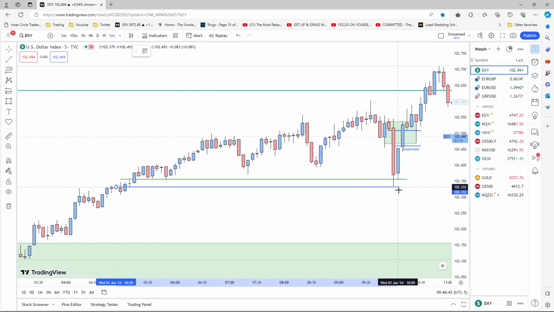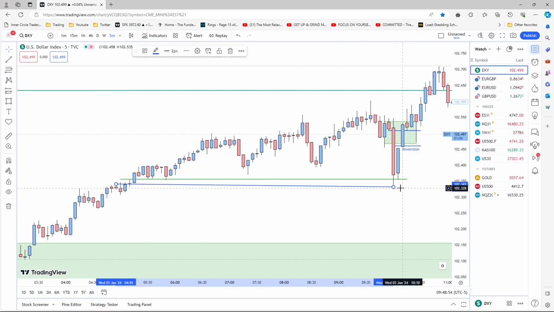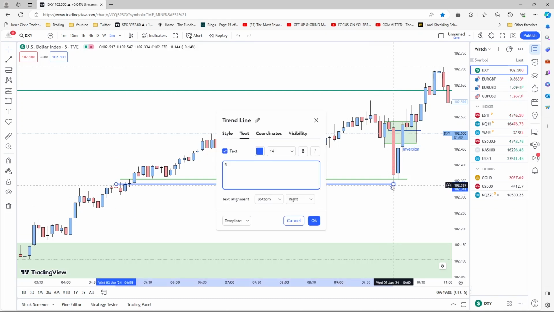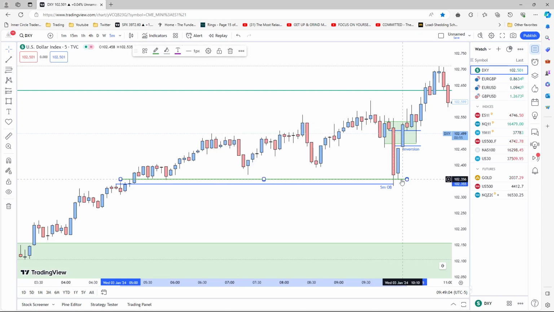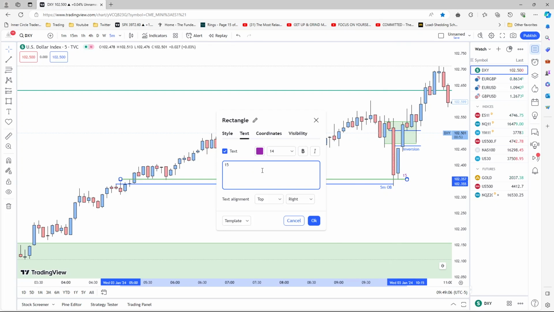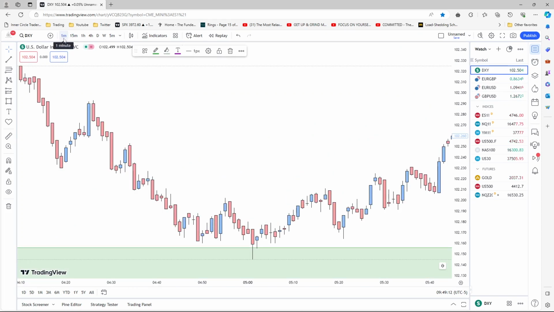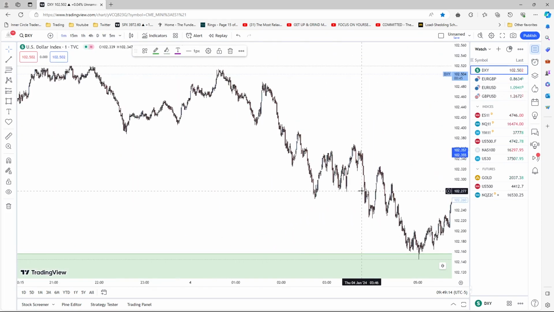So we can look at that as well. And we barely just didn't hit that. We need to take the wick in consideration over there. There we go. Let's just name that 5-minute order block for the sake of the video, and this was a 15-minute fair value gap. Let's go back to that 1 minute chart.